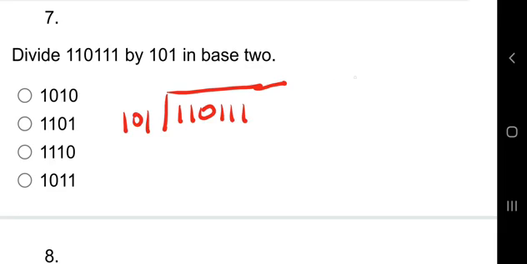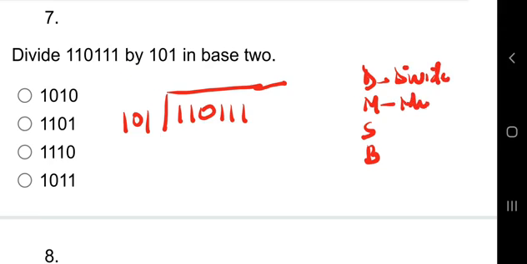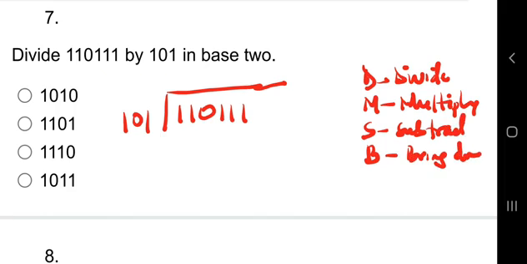Don't forget, when you are doing long division, you must not forget D M S B. D means divide, M means multiply, S means subtract, and B means bring down. So once you do not forget this, you will not make mistakes.